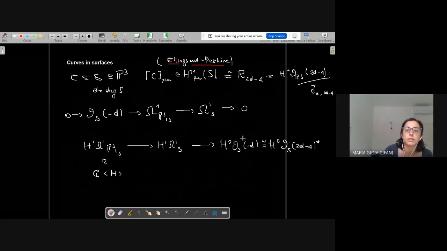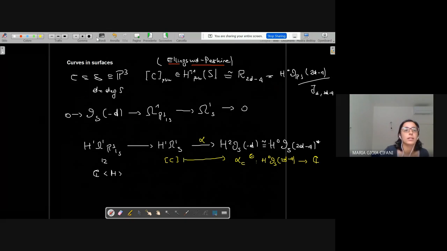Okay, let's give a name to this map. And here we have our class. And we can associate to our class alpha_C in this dual. This dual means that it is a linear map from H^0 of O_S(D-4) to C. This is a linear map here.